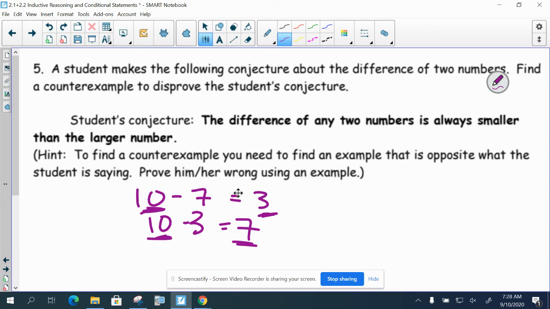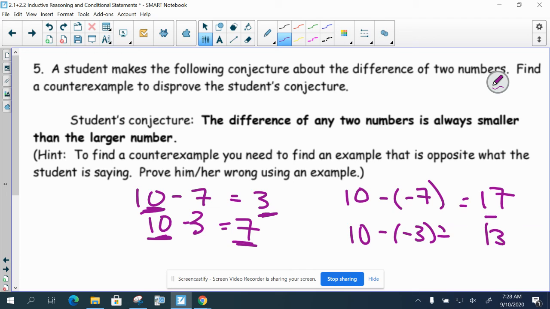Well, what if the number that we were subtracting was a negative number? For example, 10 minus negative 7, or 10 minus negative 3. Well, minus a negative becomes plus. So this would actually be 17 and 13, which are both greater than 10.